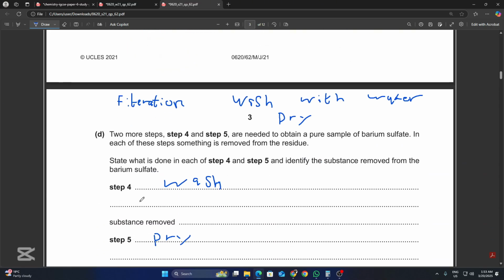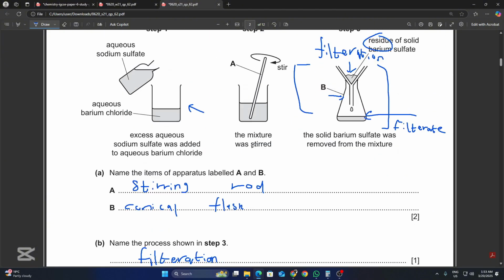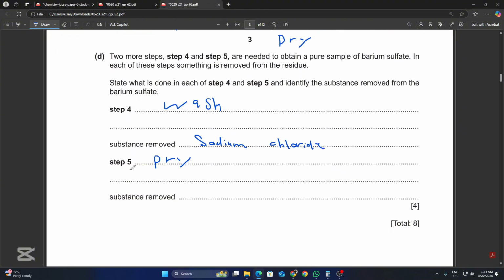So we're basically going to remove the excess sodium chloride, because by the way this is a product, so we need to remove the product. So we need to remove all the excess sodium chloride by washing with water. The substance removed will be sodium chloride.